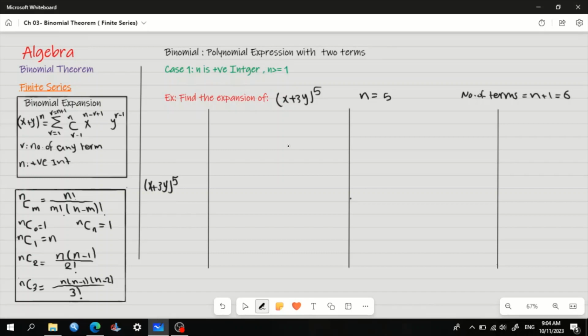Okay, so let's start. Let's write just the first term here. Let's expand it vertically: 2, 3, 4, 5, here 6.